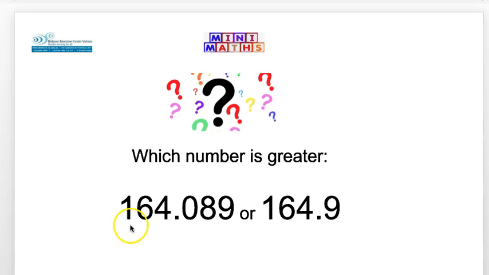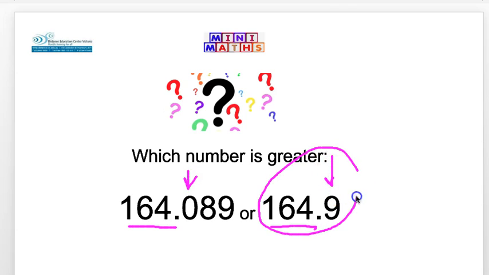Usually apply the same rules, all the same, so no contest. We have 0/10, but 9/10 will always be bigger. And then we have the bigger number. Even though this has more digits, this has more value.